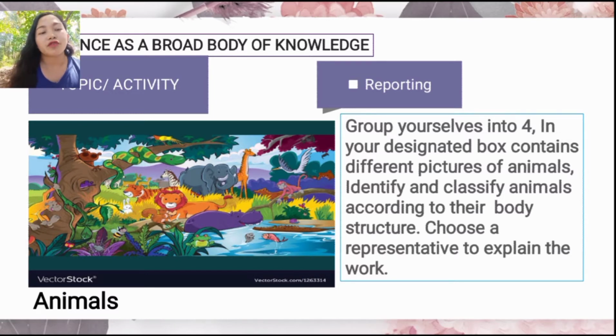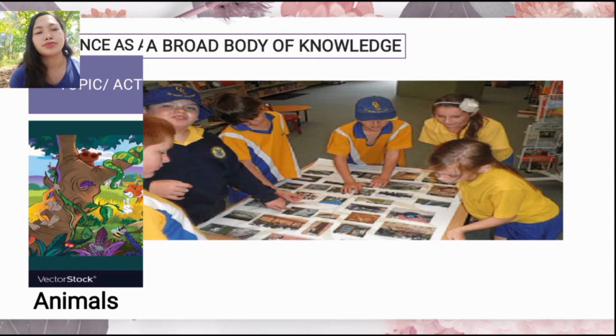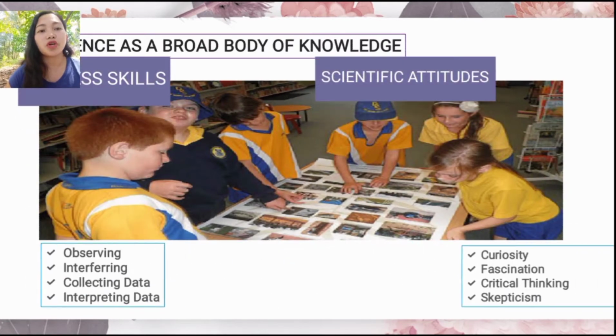For this activity, I'm going to let them identify and classify animals according to their body structure. After that, I'm going to let them choose a representative to explain the work. This is a group activity, so probably this will involve teamwork and collaboration. So science is a broad body of knowledge.